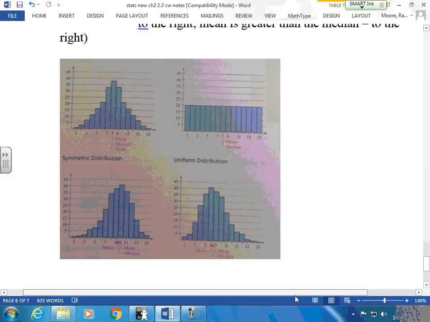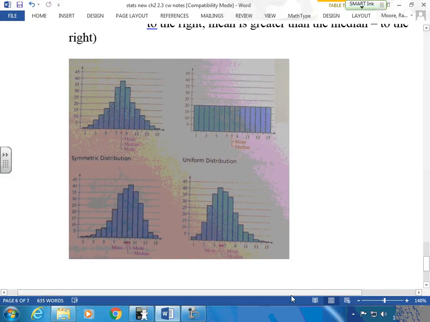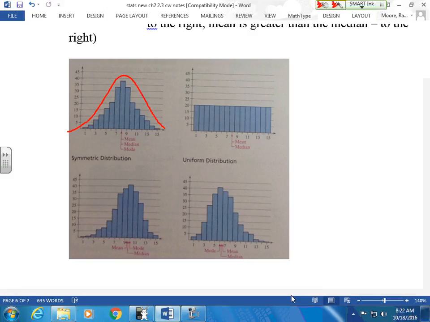This is extremely important. If your graph is symmetric, this is a symmetric graph. How do I know which bar is my mode? How do I know what my mode is of this thing? The highest bar, right?